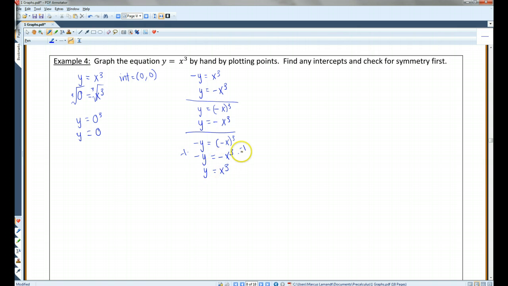There we go. It is symmetric with respect to the origin. Okay, so now when we graph it, we know it hits 0, 0, and we know it's going to be symmetric diagonally. So let's go ahead and plot some points.